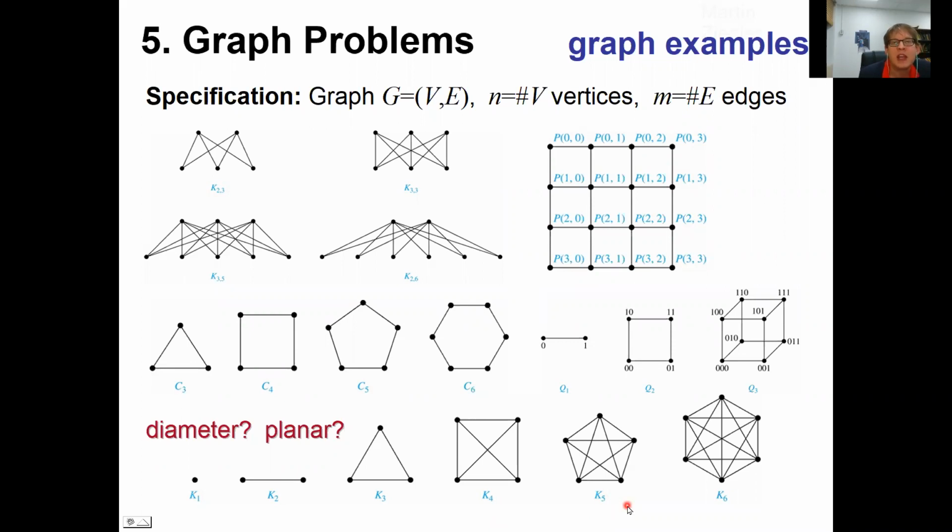K5 cannot be drawn in a planar way. It must have crossing edges. Again, please make the effort and try to draw it. Don't take my word for it. Try it yourself. Try to draw K4 without edges crossing, and try to draw K5 without edges crossing. Succeed in the first case and fail in the second case. That's an important lesson.